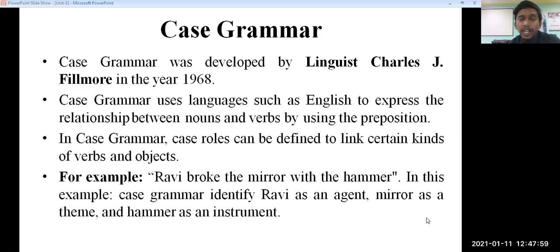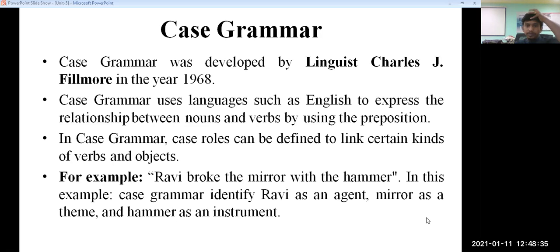Now we'll use that knowledge in the development of your context free grammar or case grammars, and how a case grammar will try to understand a given text or sentence. It will try to understand what the noun and the verb in the sentence are, and accordingly it will use this noun and verb by using prepositions. So accordingly you will be getting some case grammars. That's how Charles J. Fillmore developed case grammar, with respect to these basic things.